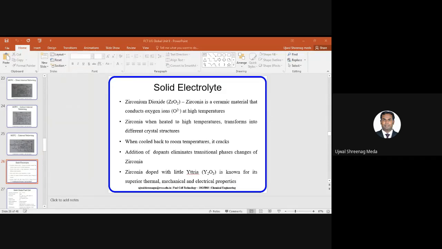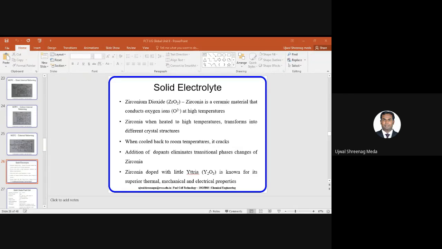So in the last class, we had a detailed discussion about the molten carbonate fuel cell, that is MCFC. If you want to classify it under the operating temperature, then it is a high temperature fuel cell, because the operating temperature will be more than 650 degrees centigrade, and it goes up to 800.